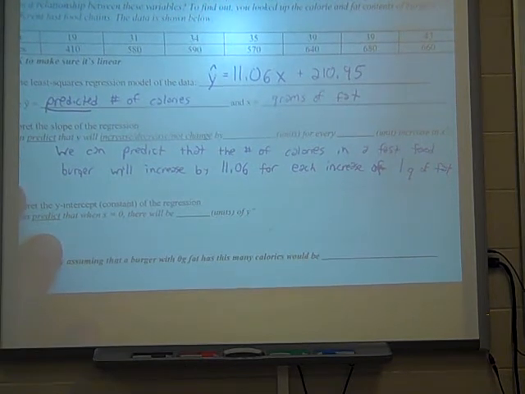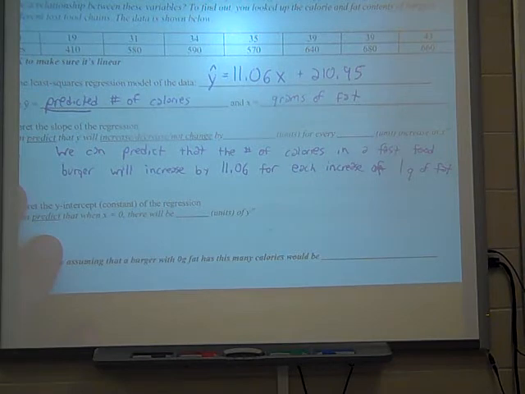So again, we're going to predict that every time our grams of fat goes up by 1, the number of calories would go up by 11.06 on average.